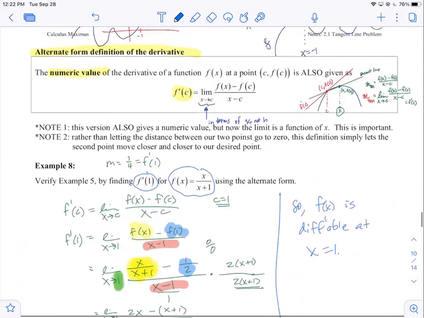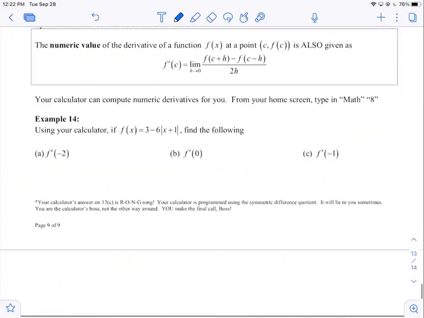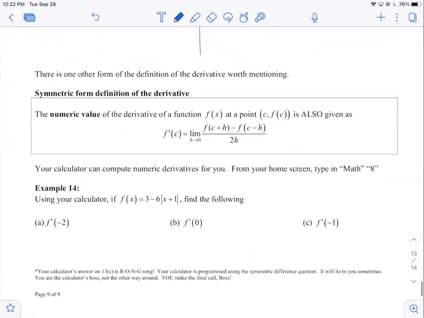All right, this is a pretty long section, right? I mean, 9 pages, a lot of good information. Nothing is wasted. There's one last version of the derivative that I just want to point out to you, to expose you to it, because it's important.